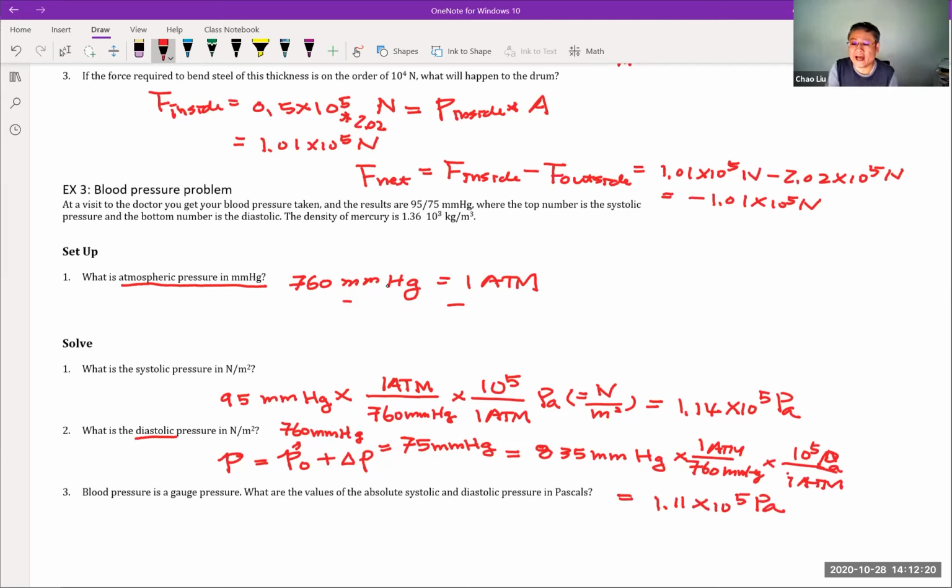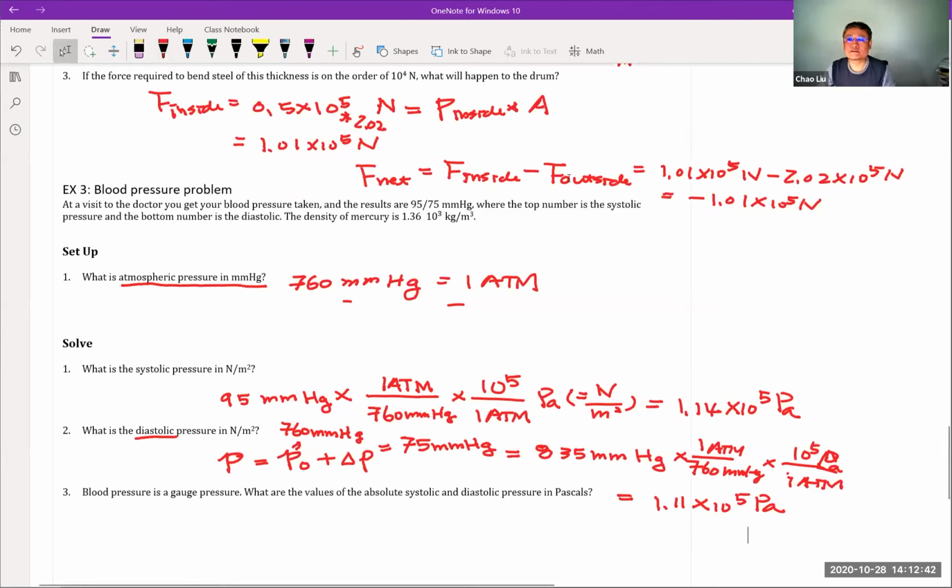Okay, so that is very similar to the gauge pressure, which does not really give you the pressure inside directly. Then you have to actually add the atmospheric pressure in order to get the final answer of this one here.